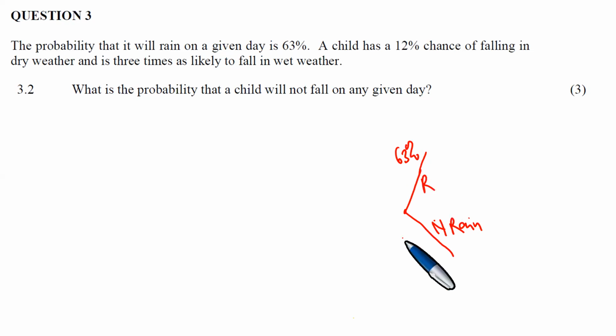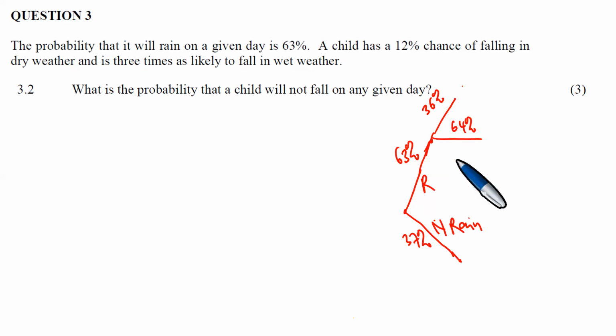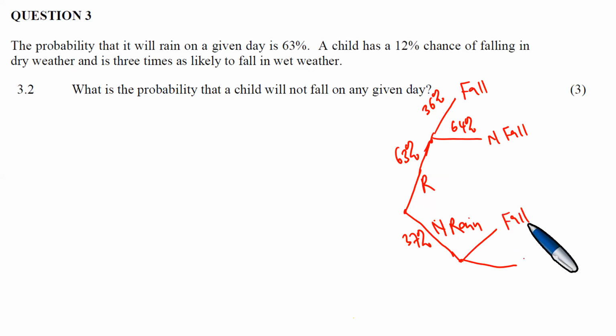No rain is 37% chance. And this one here is 36% chance, and this one is 64% chance. The child either falls or does not fall.